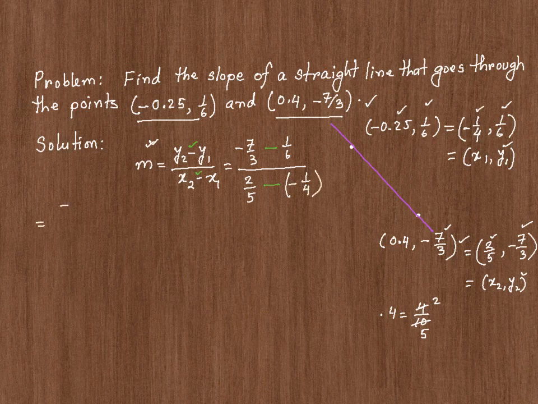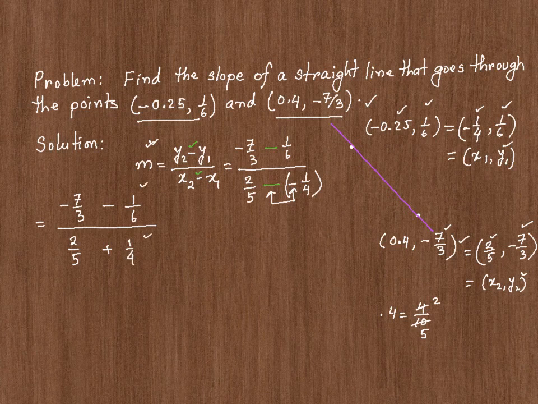It's going to be negative 7 over 3 minus 1 over 6 divided by 2 over 5 plus 1/4, because this negative and negative make it positive when we multiply. Now we have to combine the terms in the numerator and the terms in the denominator.